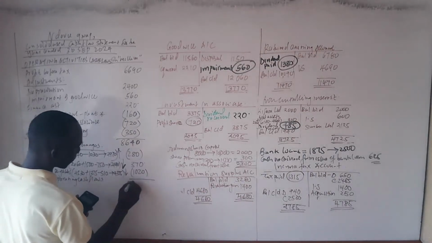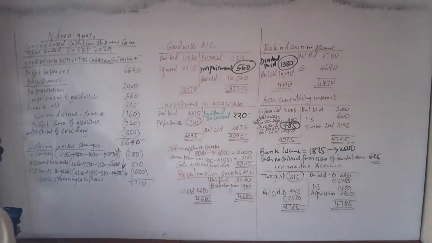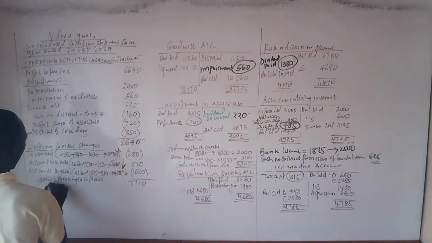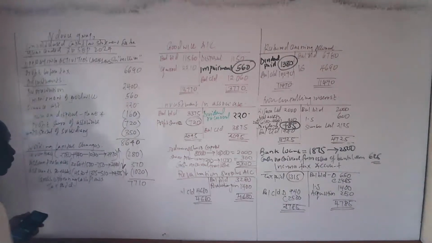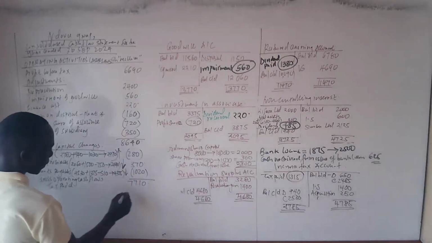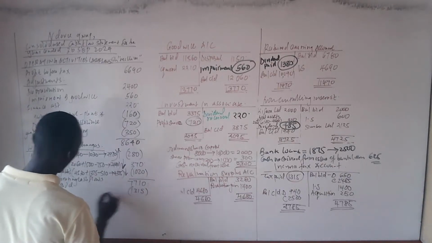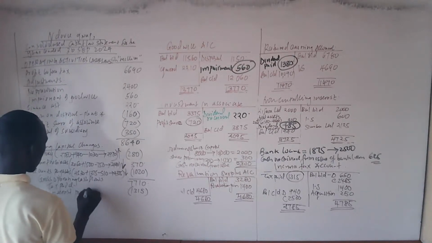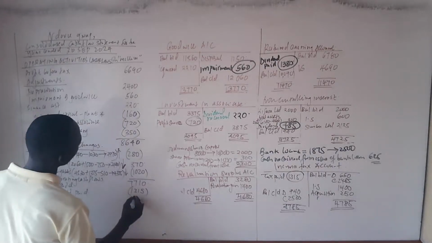Therefore, we are having 7710. Then from there we have tax paid. Give me the tax paid. How much did we get there? Tax paid 1315, and also we have the interest paid. We got how much as the interest paid? 220.